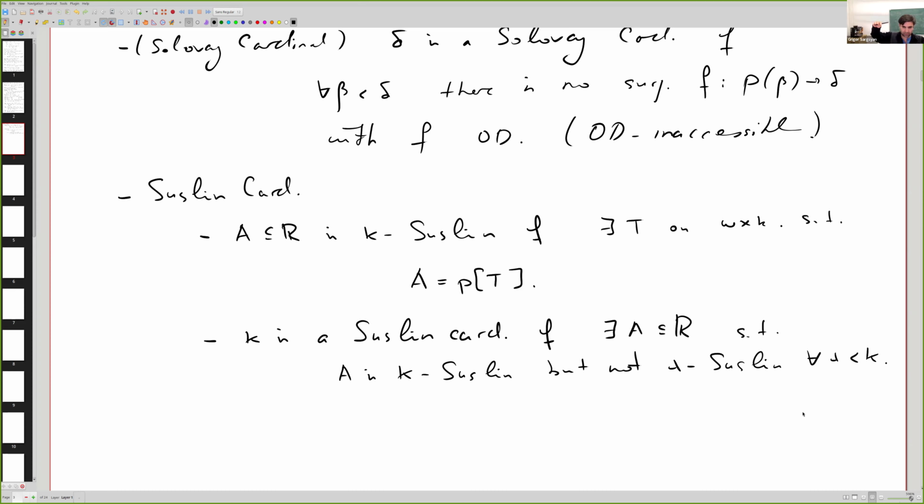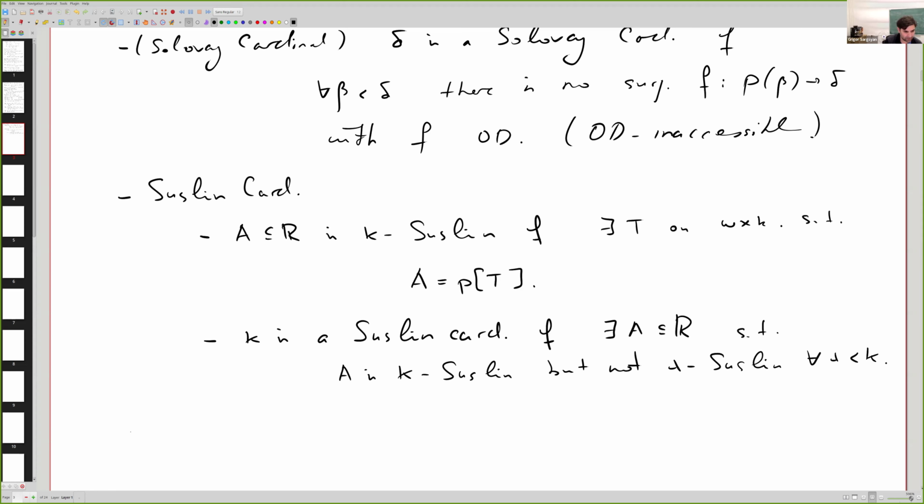It stratifies the power set of R into a hierarchy. Then you can start analyzing exactly when new information appears, when new sigma 1 facts appear in this hierarchy. And Suslin cardinals are exactly the places where new sigma 1 statements become true. What is the new sigma 1 statement? Exactly the fact that there is a tree. They turn out to be very important markers in the hierarchy.